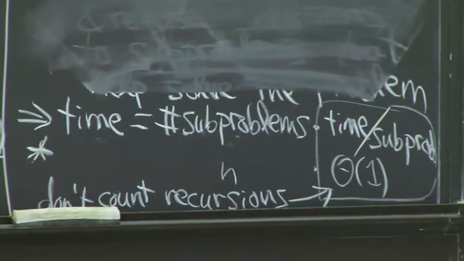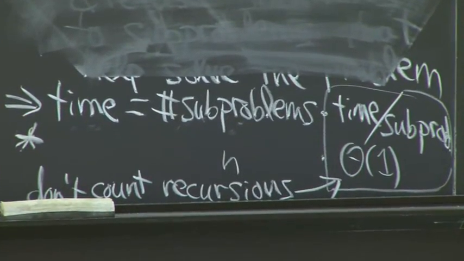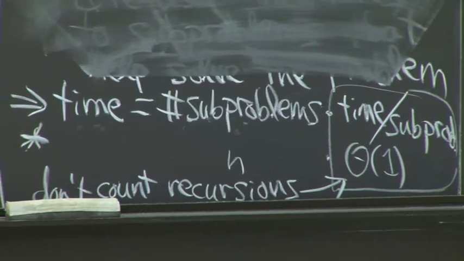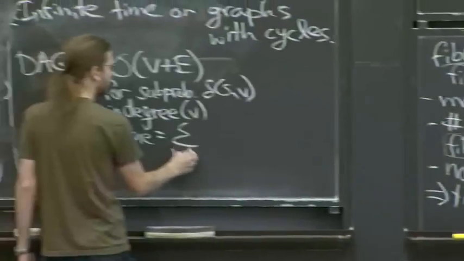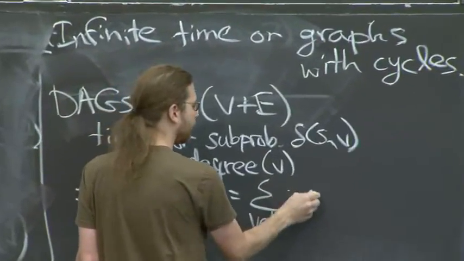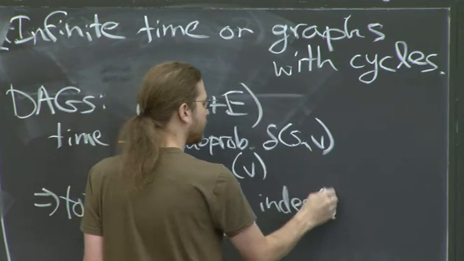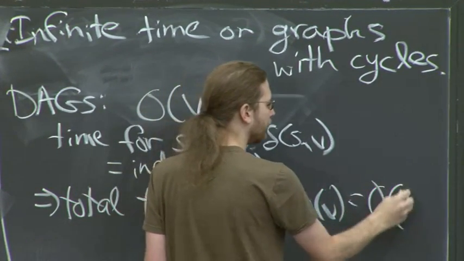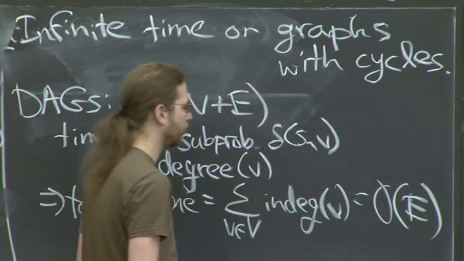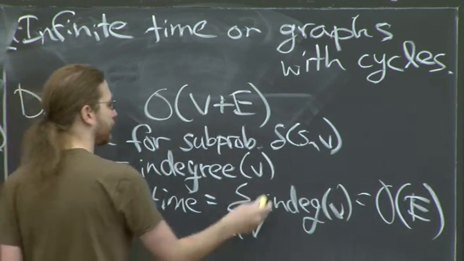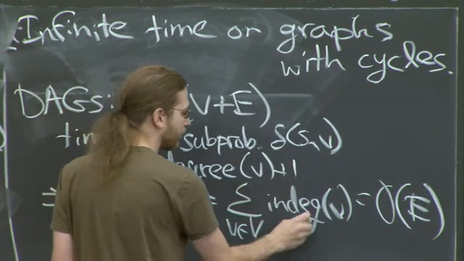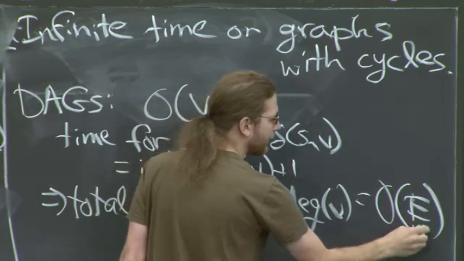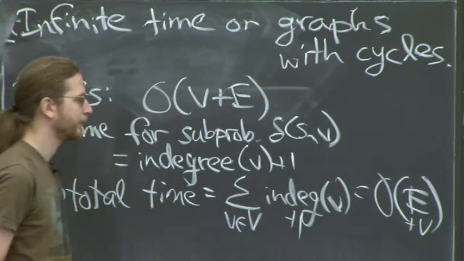So total time is the sum over all V in V of the in degree of V. And we know this is number of edges. OK, it's really in degree plus 1, in degree plus 1. So this is V plus E.